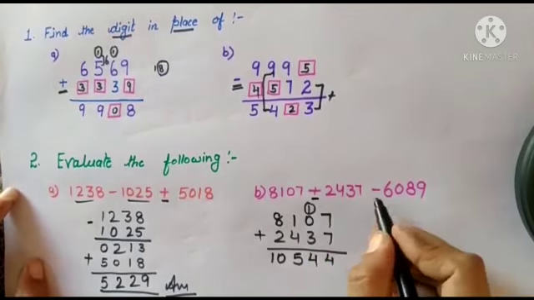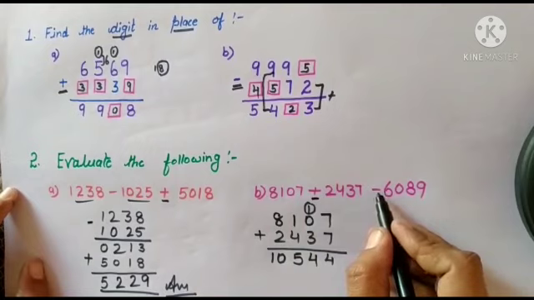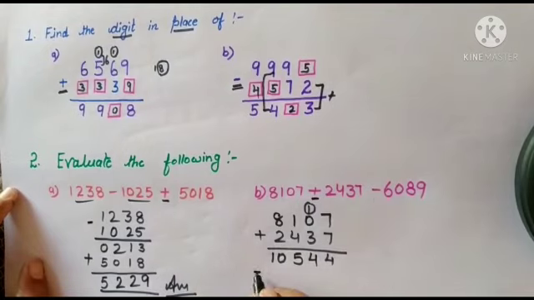Okay. Now the sign is minus. So I will write minus here. Now here there are 5 digits and here there are 4 digits. So we will write from the back side: 9, 8, 0, 6. Subtract it.